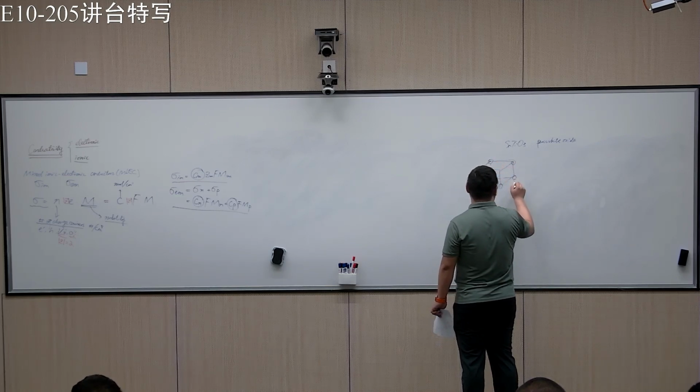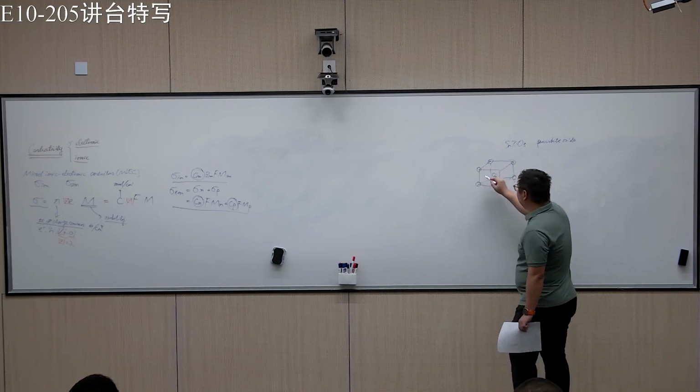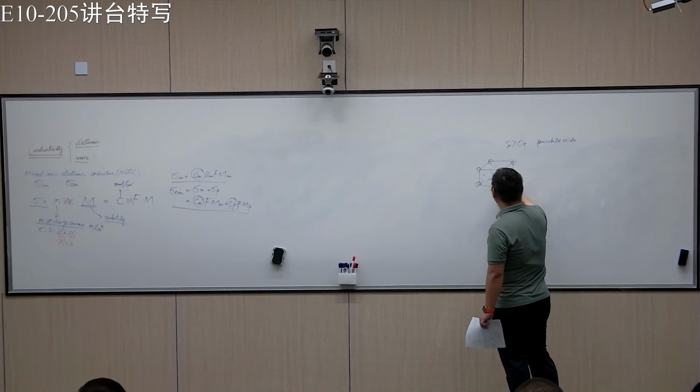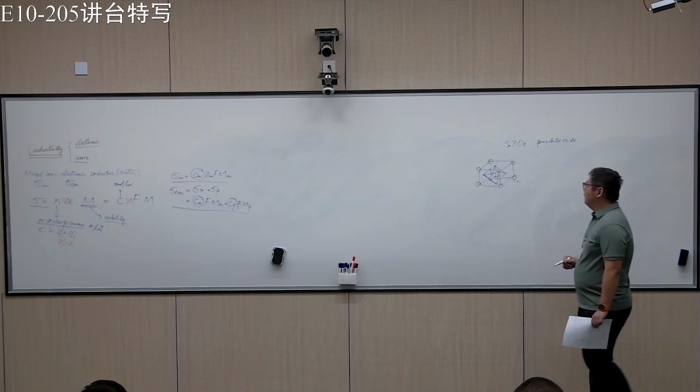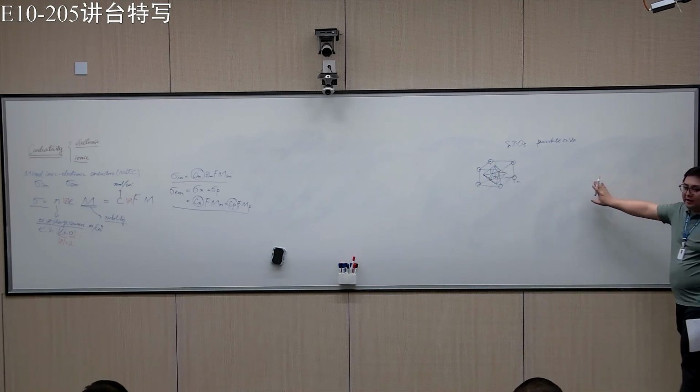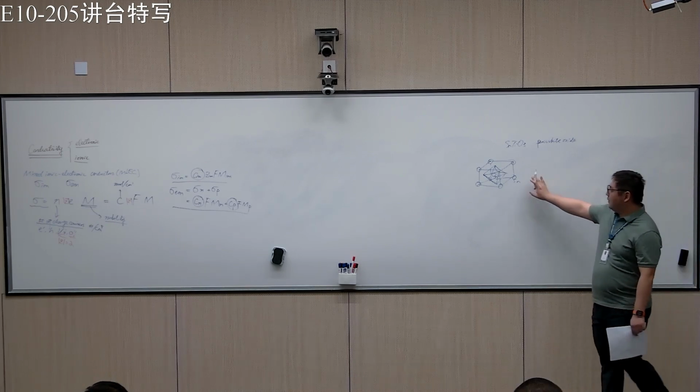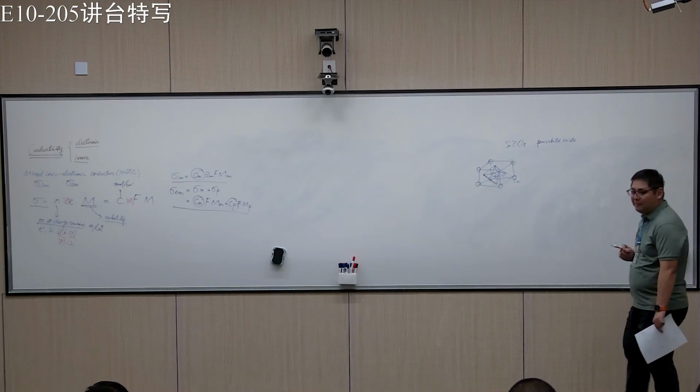The oxygen is at the face center, forming these octahedra. So essentially a cubic structure, with strontium at the corner and titanium in the middle.